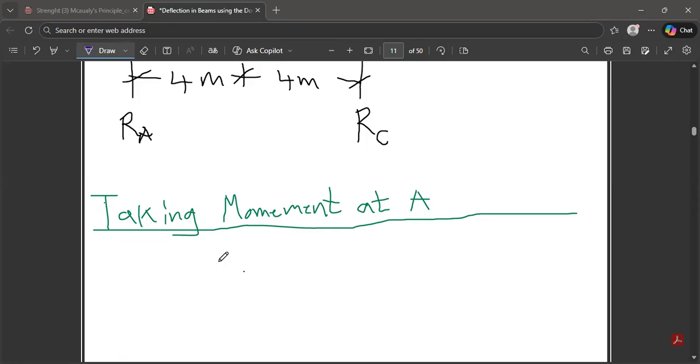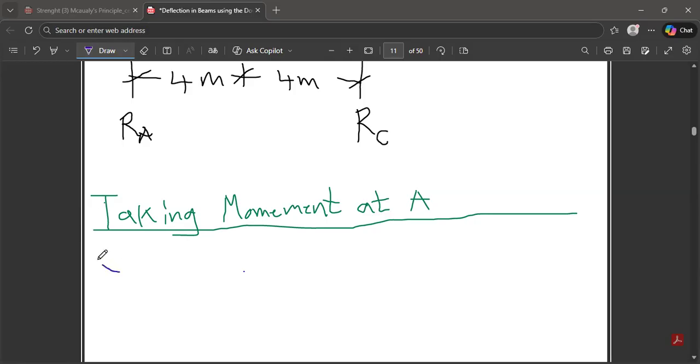Because the lecturer says we should use clockwise to be positive, if you go and use anti-clockwise to be positive, you will face problems. That is the only advice I want to give you. Intelligence is being able to adapt to changes. When the drum beat changes, you have to adapt the dance. So you don't have to get scared.